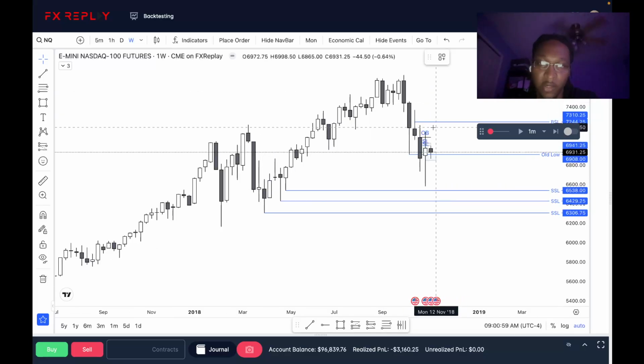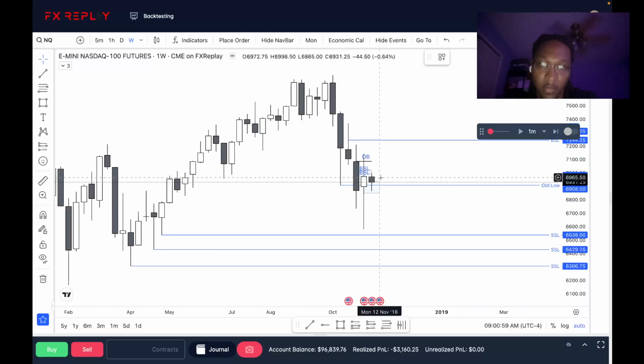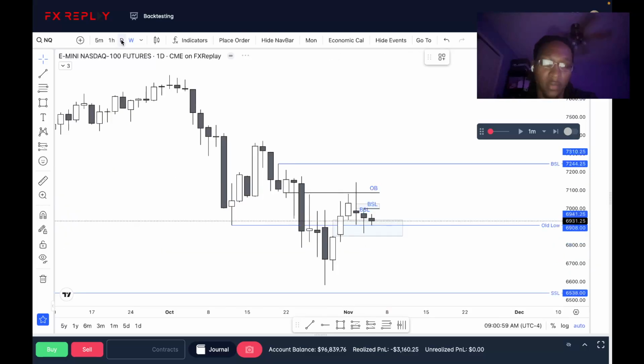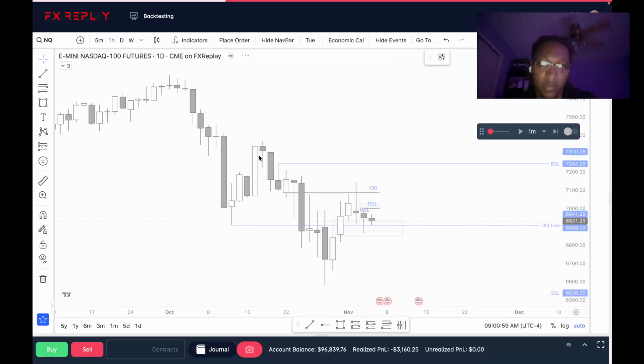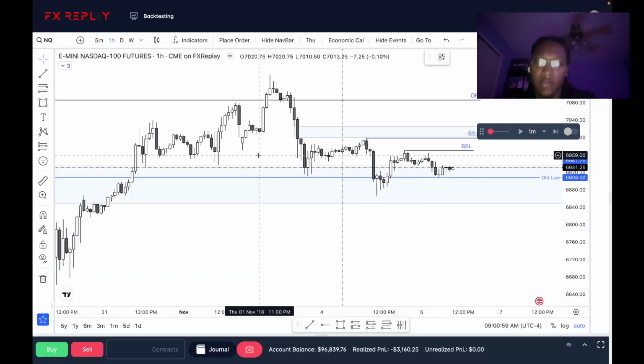So if we're internal currently, I would want to see a high formed somewhere here, like this order block, or pushing lower. So like we see here, we took out liquidity and formed a low. You can see that there. Took out some liquidity and formed a low. But the high is still internal.